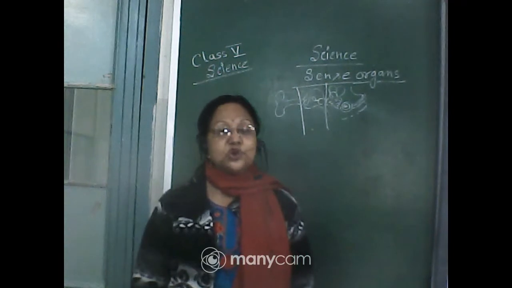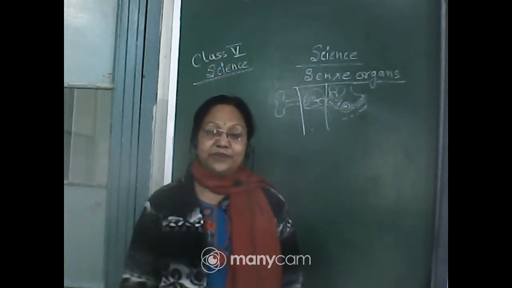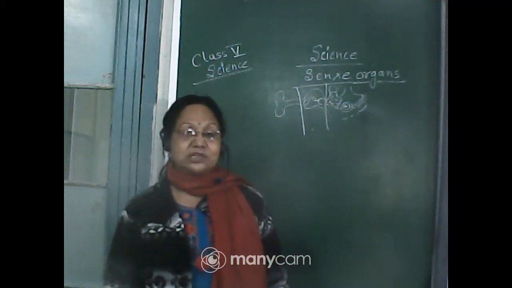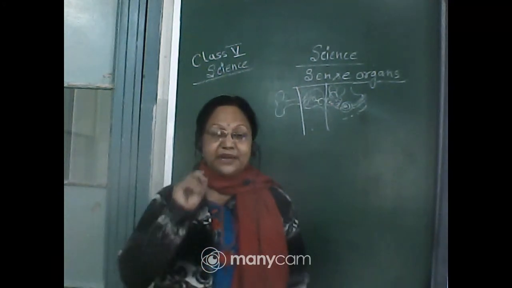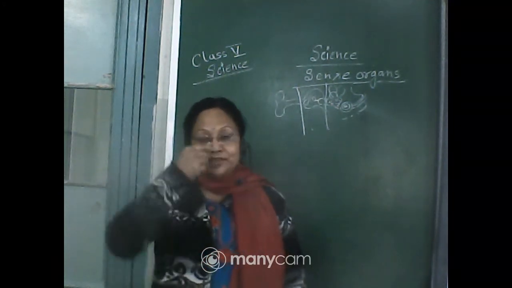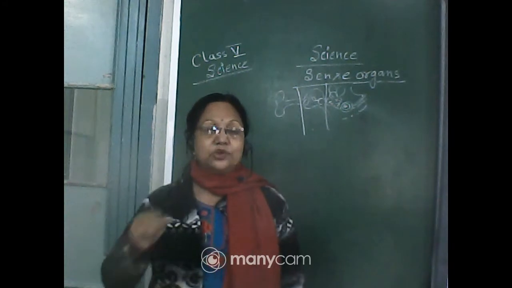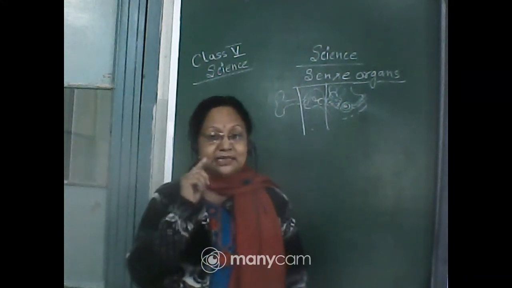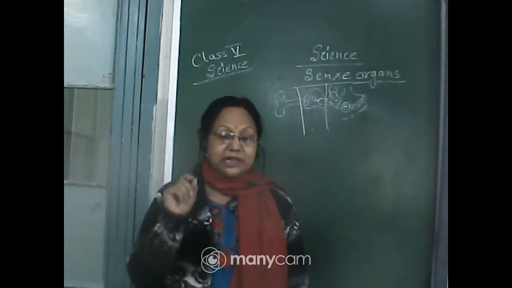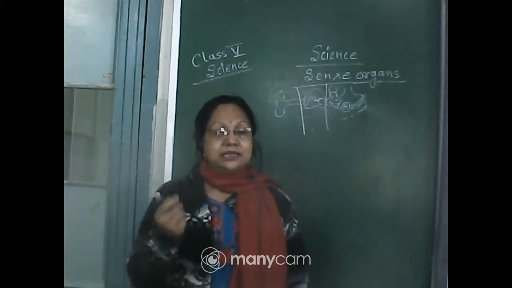So we have to clean this nose, and one function of these nostrils is what you have seen. There is a mucus or liquid layer inside our nose, and hairy structures are there.